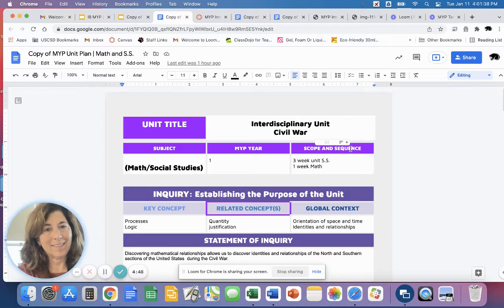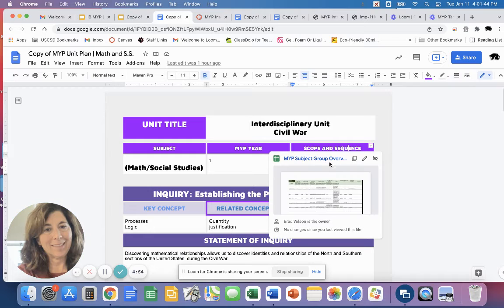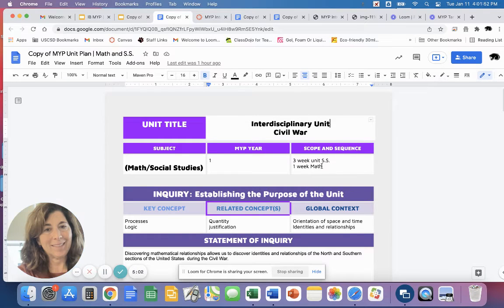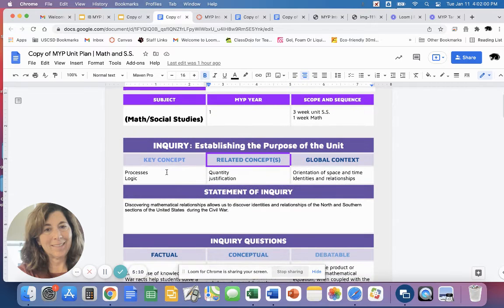We took from the scope and sequence of those. Let me give an example of those subject guide overviews that link you back. This will take you to the math. You might be able to go back to the social studies and just scroll through to find what key concept you're trying to establish with this unit.